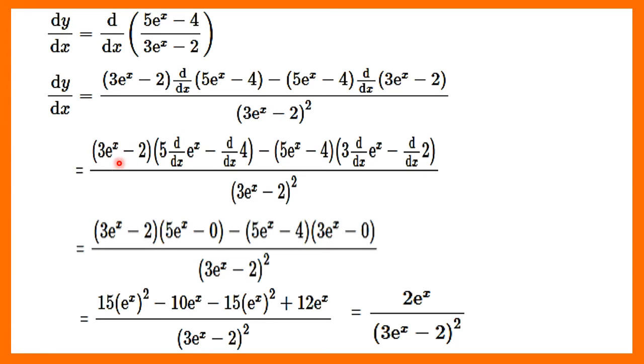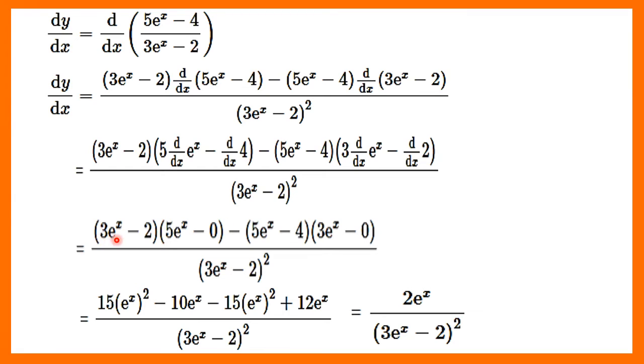That is 3 e raised to x minus 2 into, here 5 is the constant along with a function, so we will take 5 outside the derivative, that is 5 into d by dx of e raised to x minus, here the 4 is the constant alone in a function, so we will write the derivative as d by dx of 4, minus 5 into e raised to x minus 4 into 3 into derivative of e raised to x minus derivative of 2, divided by 3 into e raised to x minus 2 the whole square.